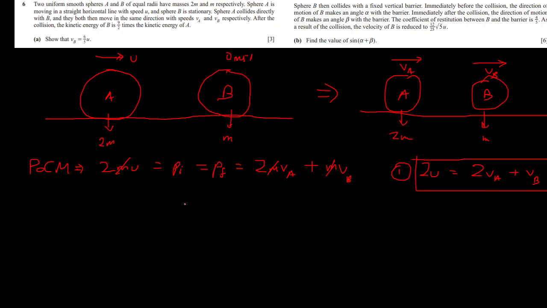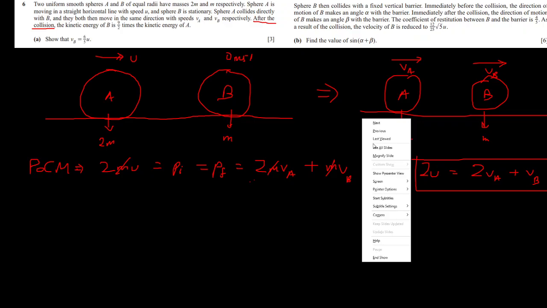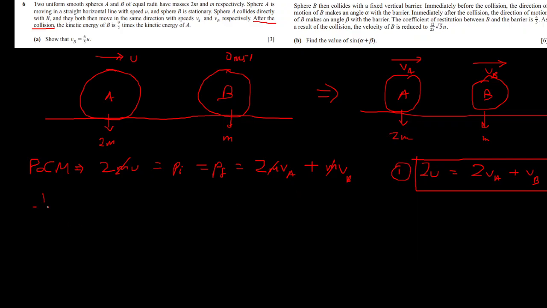Now moving on, let's look at something else. The kinetic energy of B is 9 by 2 times A after the collision. Okay, after the collision is the keyword over here. So after the collision, the kinetic energy of A would be half times 2m times VA the whole square, and this is supposed to be KEA, basically the kinetic energy of A, and that's going to be mVA the whole square.